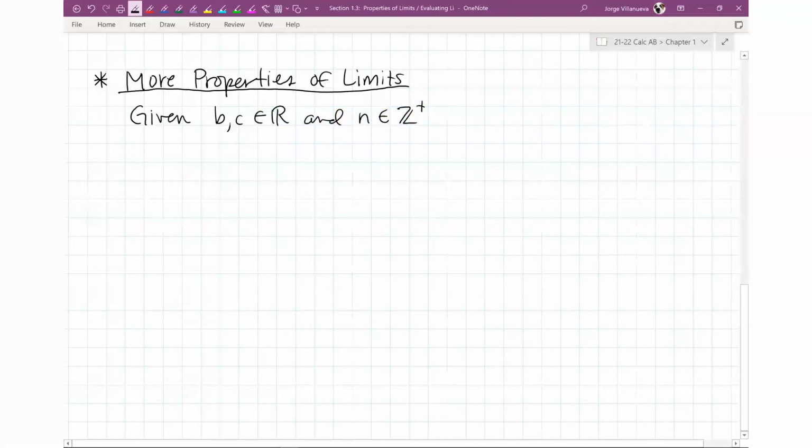We're going to let the limit as x goes to c of f of x equal L and the limit as x goes to c of g of x equal k. So we're going to let that be true.